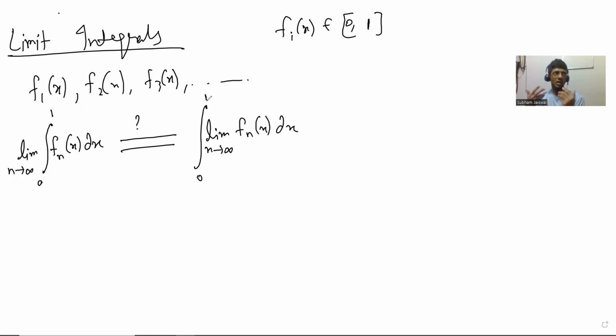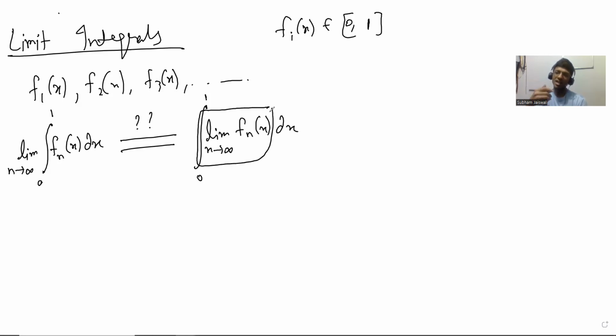So the point is that Riemann integration is unable to ignore subsets of the interval which have area 0, and that's why it has limitations there. But never mind, this is the situation. This is what we want a sufficient condition for. Obviously, if this has to be true, first of all, this limit has to exist.